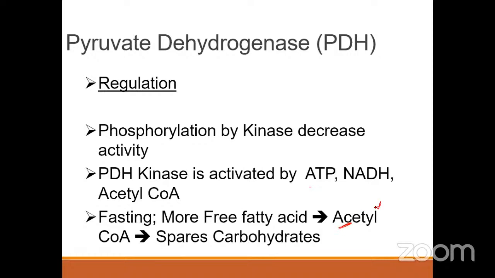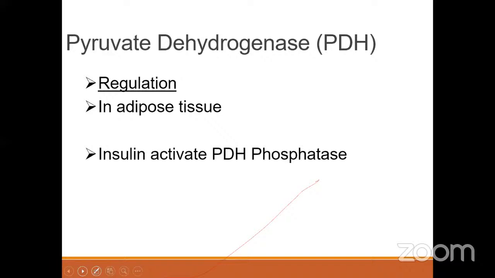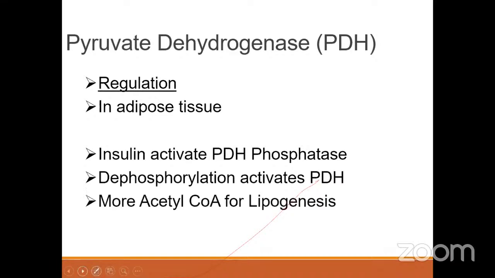So we have plenty of acetyl CoA, which will spare the carbohydrates. In adipose tissue, this much is not needed for you. At least you study the regulatory enzyme, which form is active, which is inactive, and what things will convert the active PDH to inactive, and the reverse.